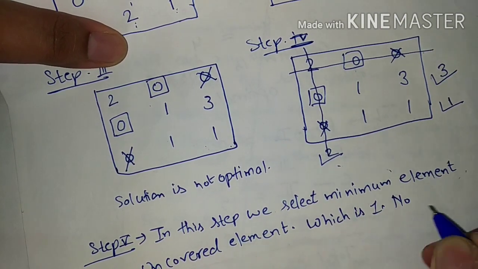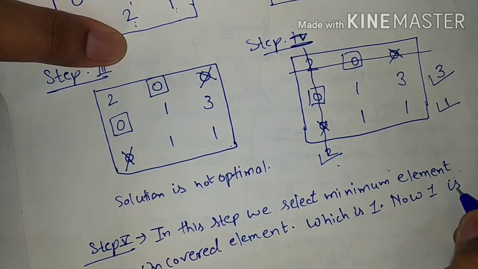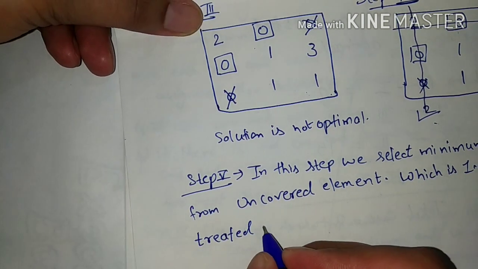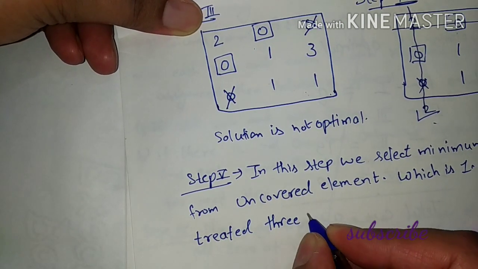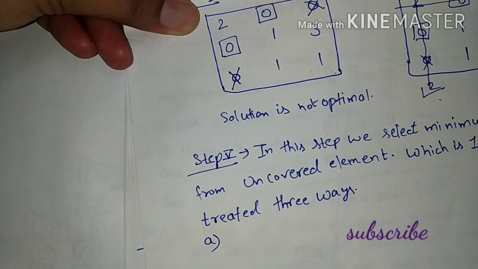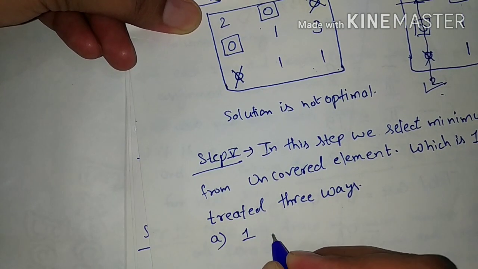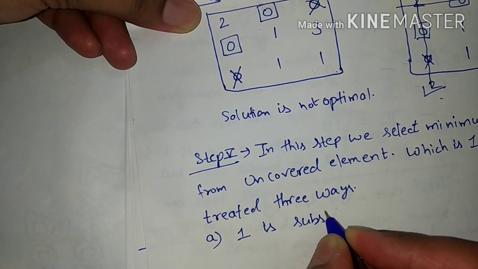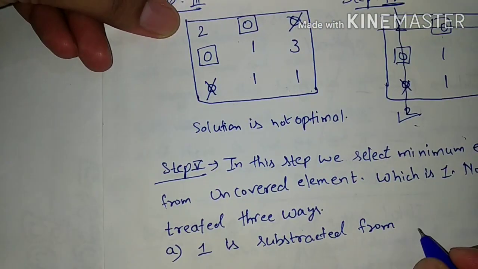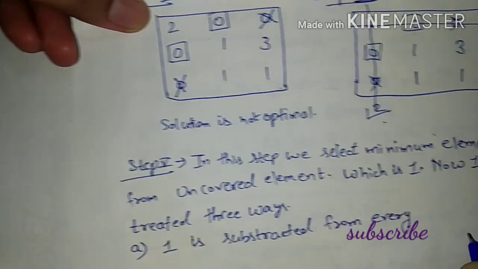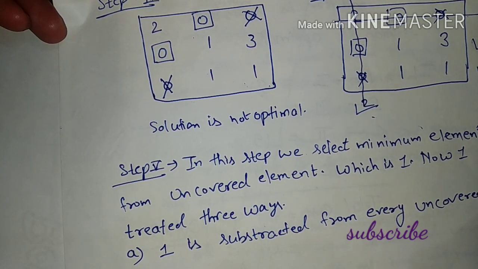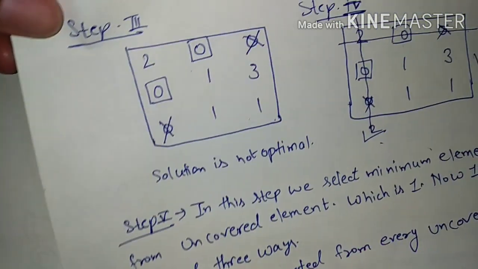Now 1 is treated 3 ways. Step A: 1 is subtracted from every uncovered element.